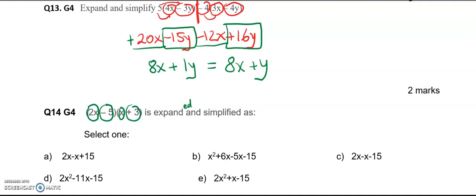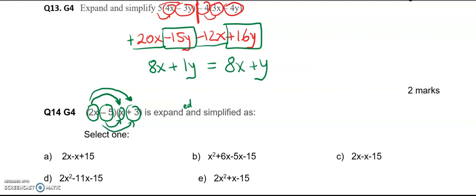So I will do each and every one of these terms within the first set of brackets to be multiplied with each and every term within the second set of brackets. So that means taking 2x and multiplying by x, and then taking 2x and multiplying by positive 3, and then taking minus 5 to multiply by x, and minus 5 to multiply with 3.